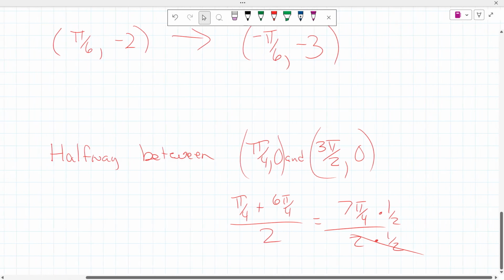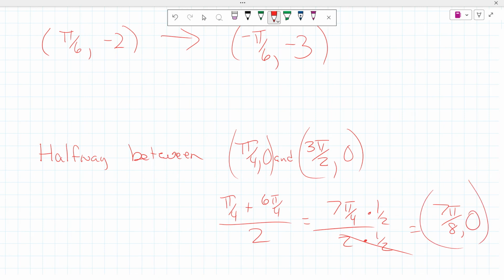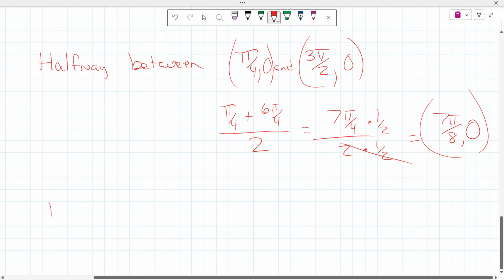So 7 pi over 4 times 1/2 is 7 pi over 8. So halfway in between those 2 points is (7 pi over 8, 0). Add them up and divide by 2. Let's do that one more time and I'll let you get started.